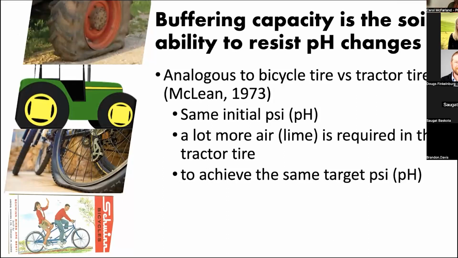So when we talk about how much lime to apply and how that's different between soils with different buffer capacities, you can use that analogy between putting more into the tractor tire versus the bicycle tire, and it's still the same target pH or target PSI. Hopefully I did justice to that analogy. When I first saw it, it really spoke to me, so hopefully that helps you all out too.